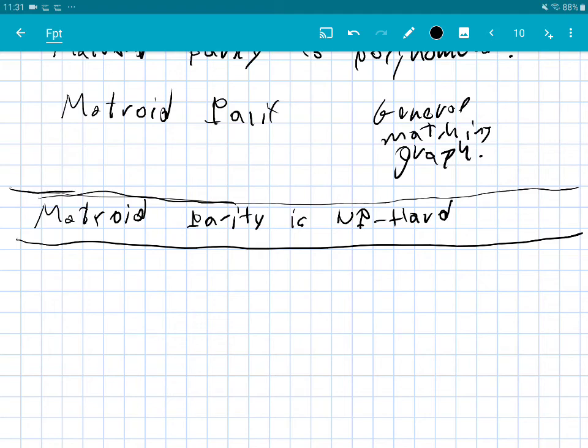Another Matroid on the right, where every vertex can be intersected at most once. So maximum matching on a bipartite graph is exactly the intersection of two Matroids.